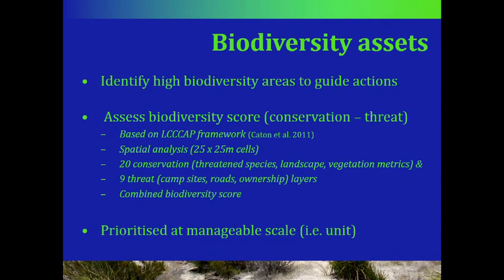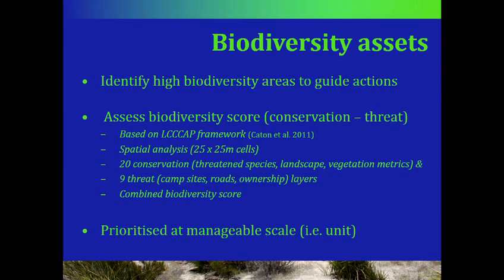So following the Limestone Coast and Coorong Coast, I think it was, action plan, spatial framework that was conducted just as our planning started, we conducted a spatial analysis across the Coorong region. We divided it up into 25 metre by 25 metre cells, with 20 conservation criteria, which were weighted, and also 9 threat criteria.